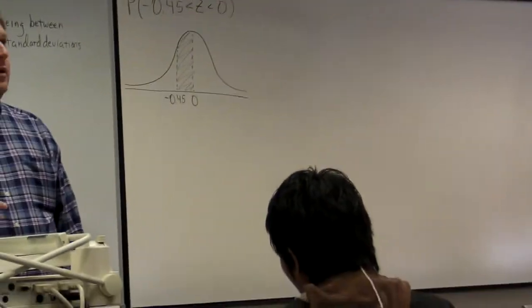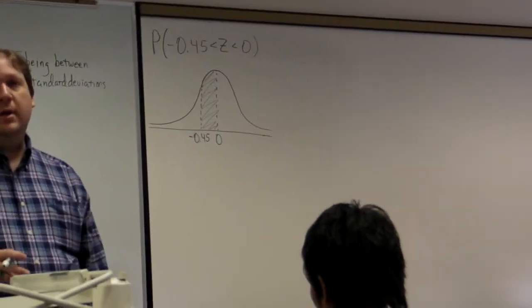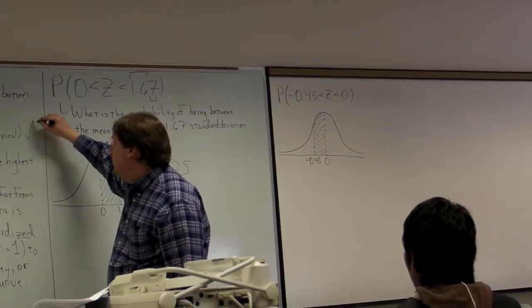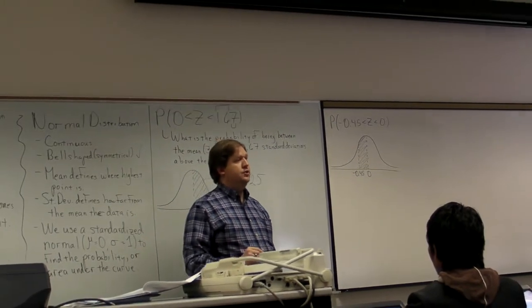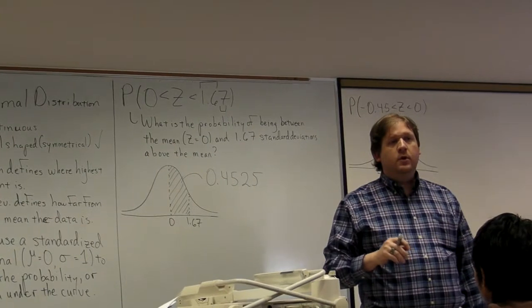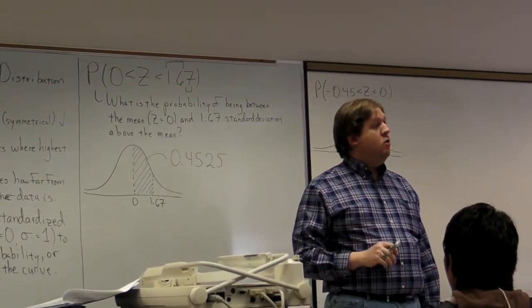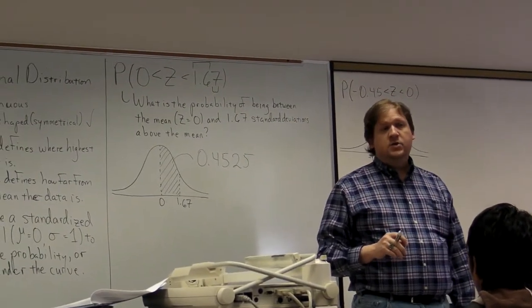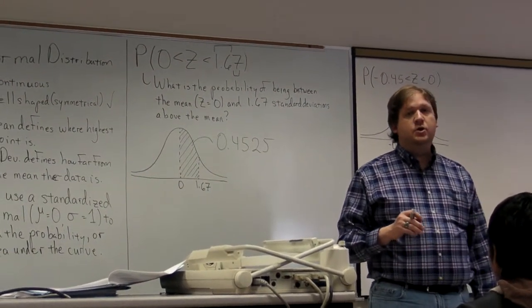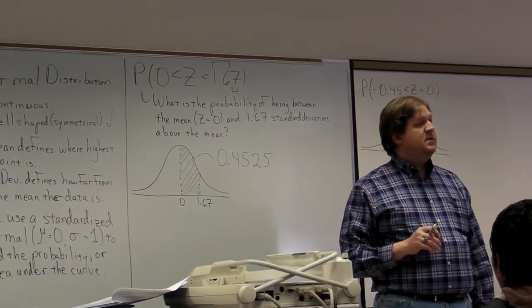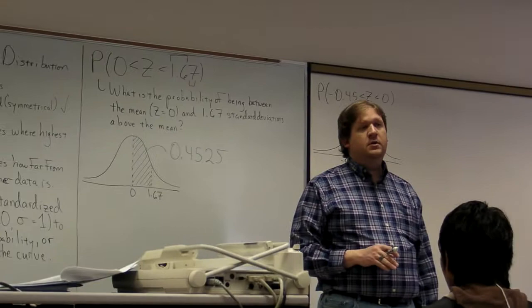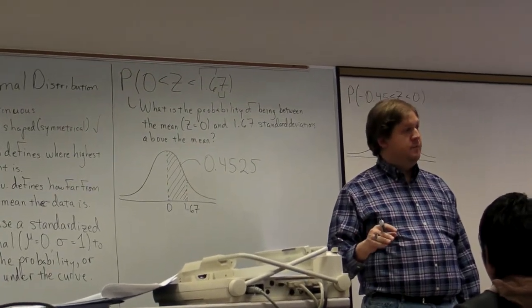Now, we're going to use one piece of information that I gave you: the bell-shaped symmetrical rule. In this case, you're equally likely to be above or below the mean. So the probability of being between the mean and 0.45 standard deviations below the mean is exactly the same as being between the mean and 0.45 standard deviations above the mean.